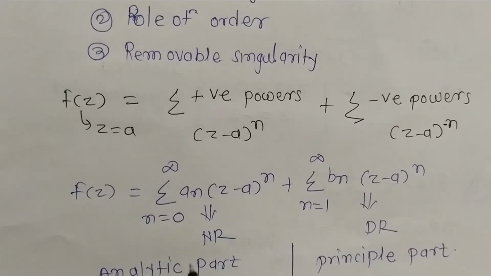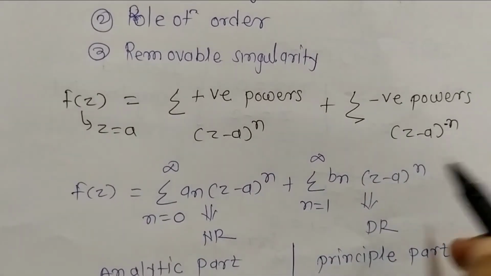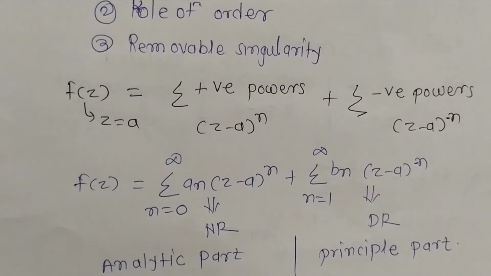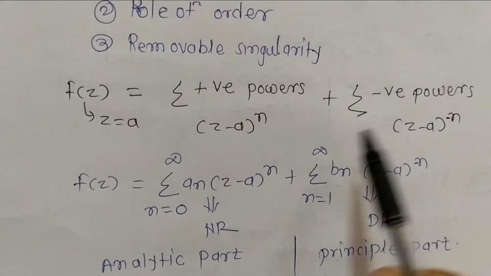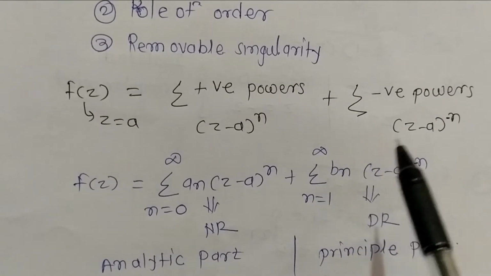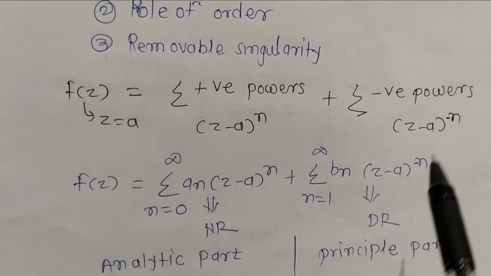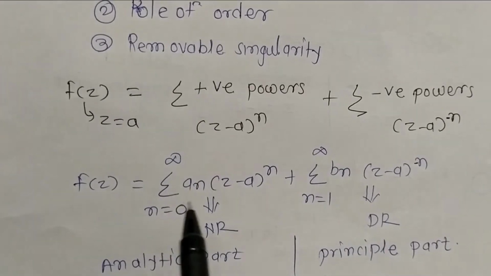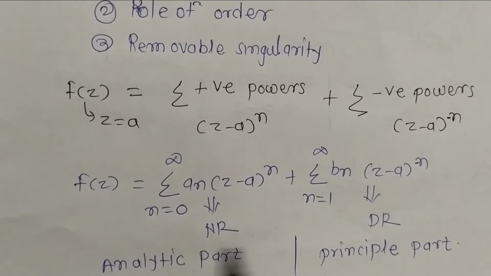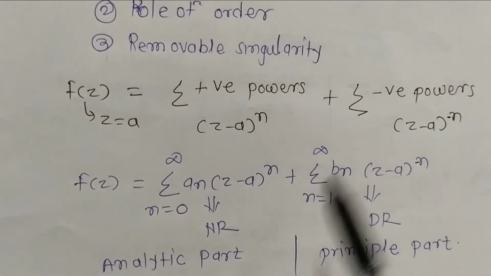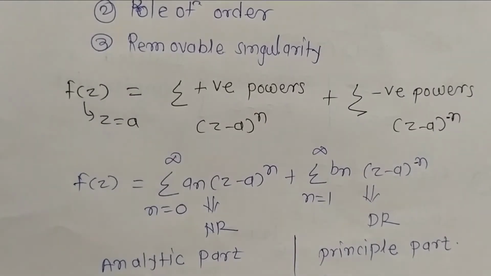The numerator term is the analytic part, and the denominator term is the principal part. When z is at a numerator, it is the analytic part, and when z is at a denominator, this is the principal part.